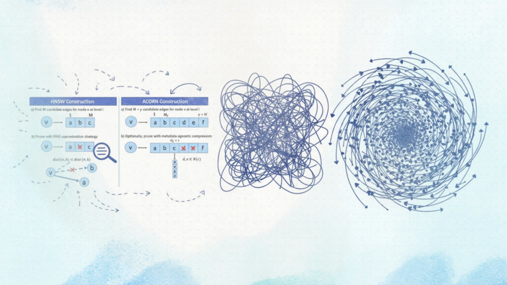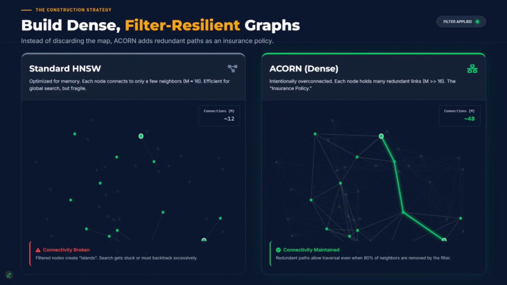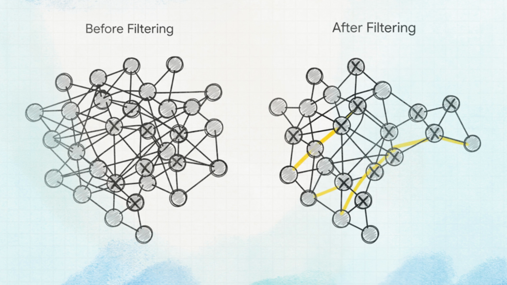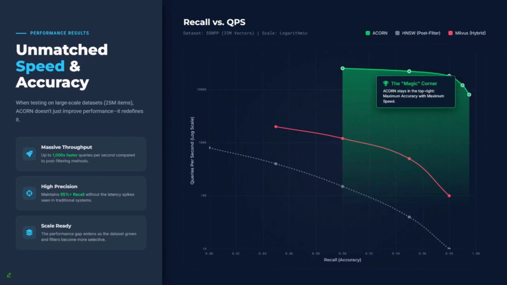It's the insurance policy. No matter which nodes disappear later because of your filter, there are enough backup paths left to maintain connectivity. A graph that seems overly dense at the start becomes the smartest possible structure once you apply filters.